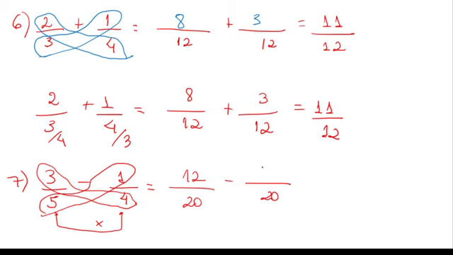And then I do the subtraction. 12 minus 5 is 7 over 20, right?